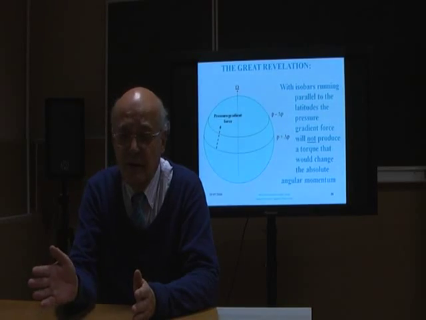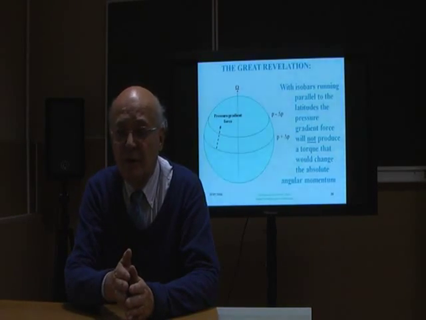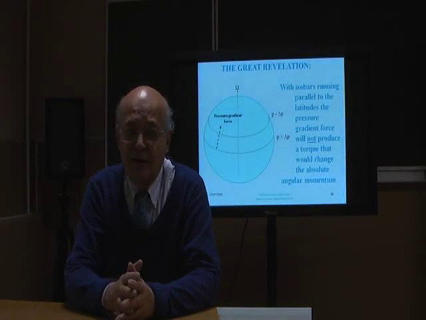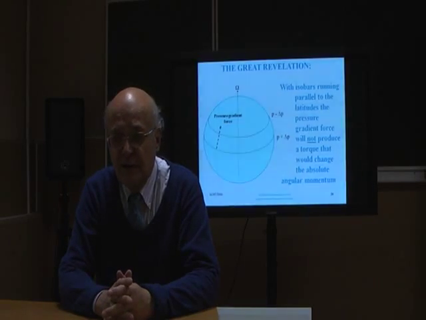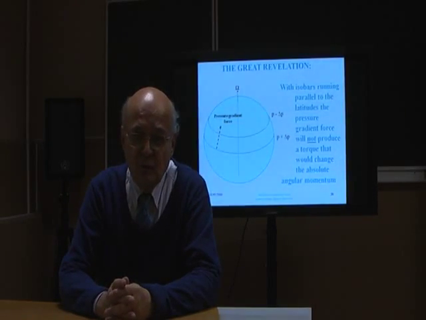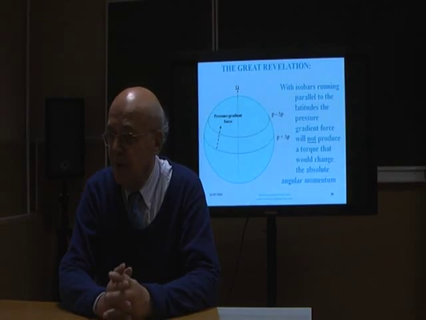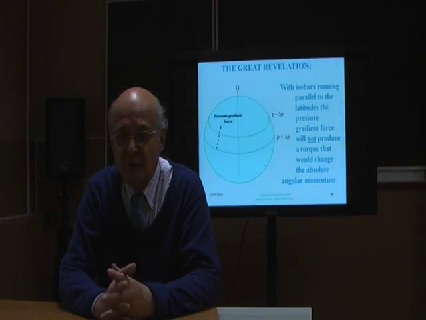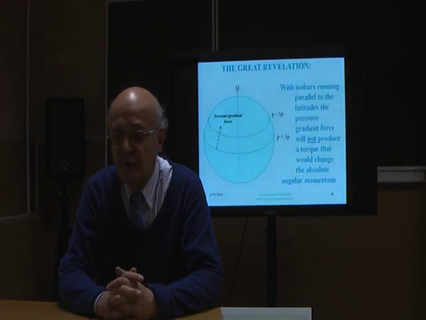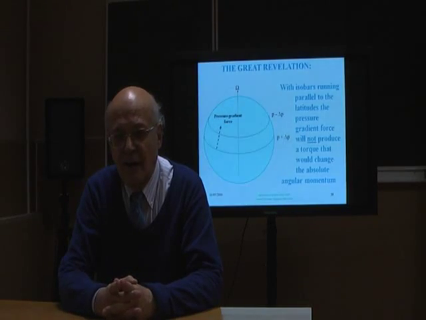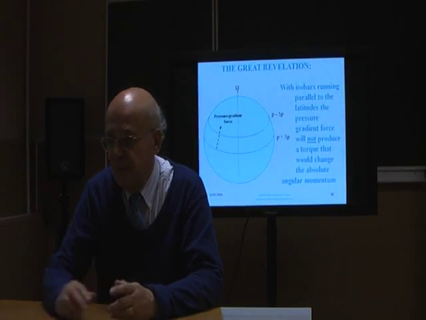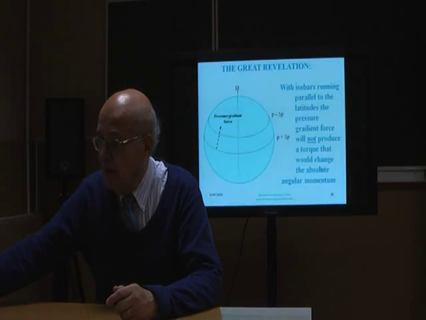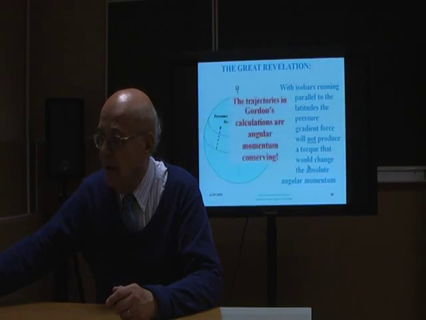Only a force that has a component parallel to the latitudes in the east-west direction will increase or decrease angular momentum. But this force, in this direction, will not affect the angular momentum. So for these motions, angular momentum is also conserved. And that has very important consequences.